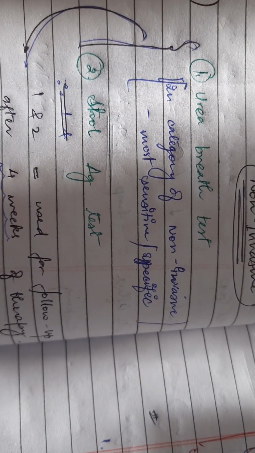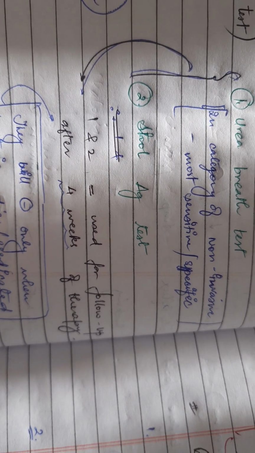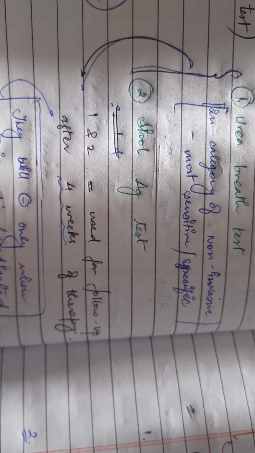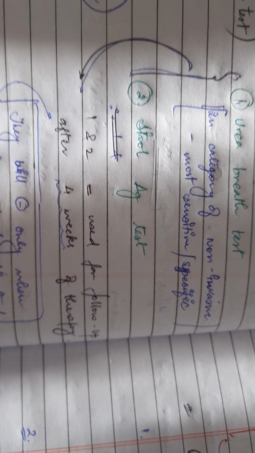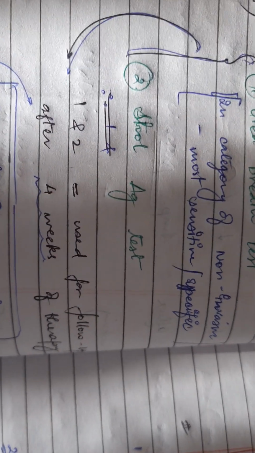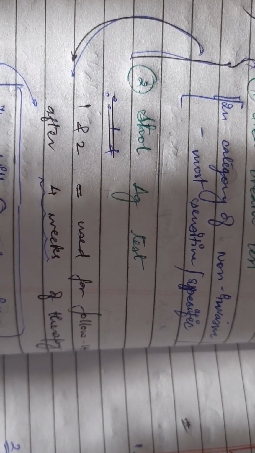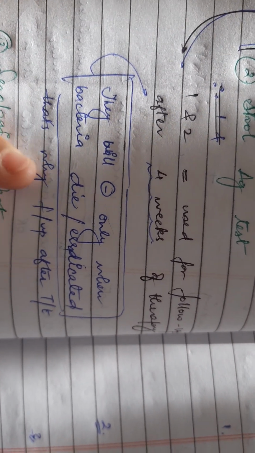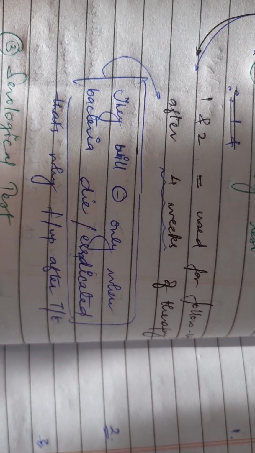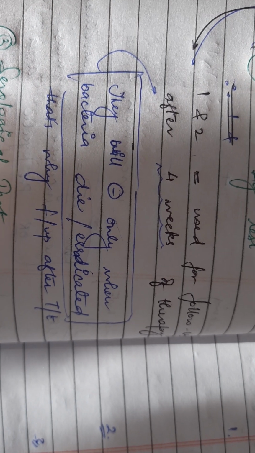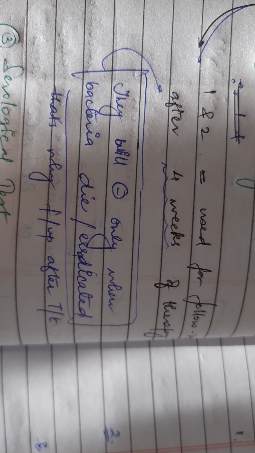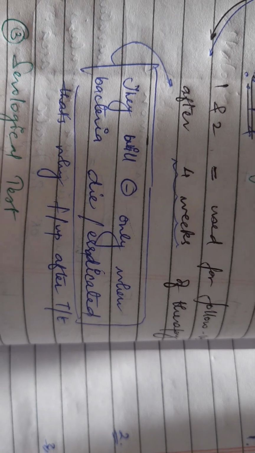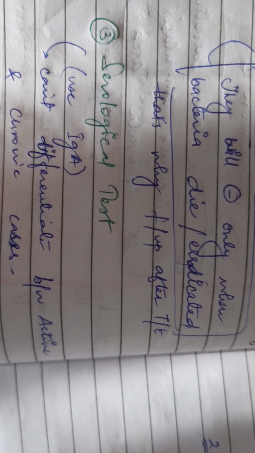Both the urea breath test and stool antigen test are used for follow up after 4 weeks of therapy. Means we have given therapy, and then after 4 weeks of therapy we do these tests, because they will be negative only when the bacteria are eradicated. That's why follow up after treatment.